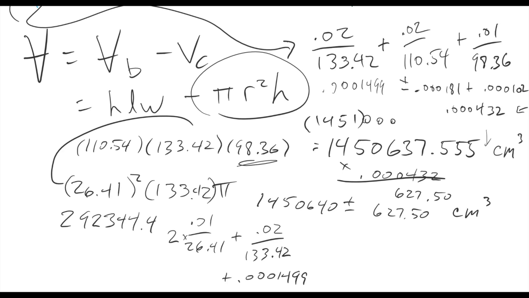And 2 times 0.01 divided by 26.41 is 0.0000757. I add those two numbers together.